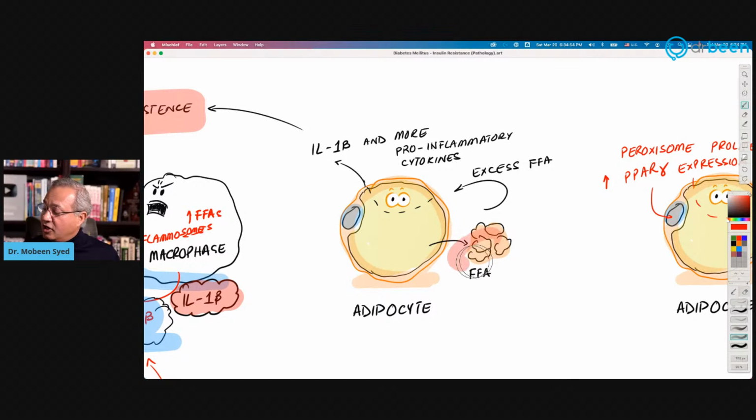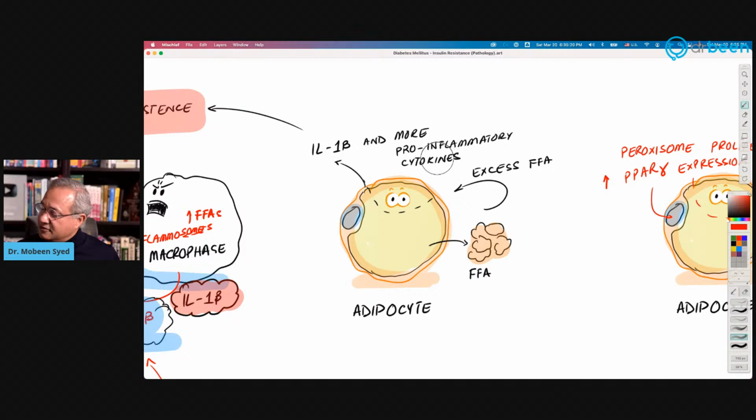When they have lots of free fatty acids, it's funny that these free fatty acids can actually act back on the adipocyte. So let's say if I'm an adipocyte and I'm releasing free fatty acids because I have a lot of them, these free fatty acids are going to attach back to me and stimulate me and say, dude, we have a lot of free fatty acids here.